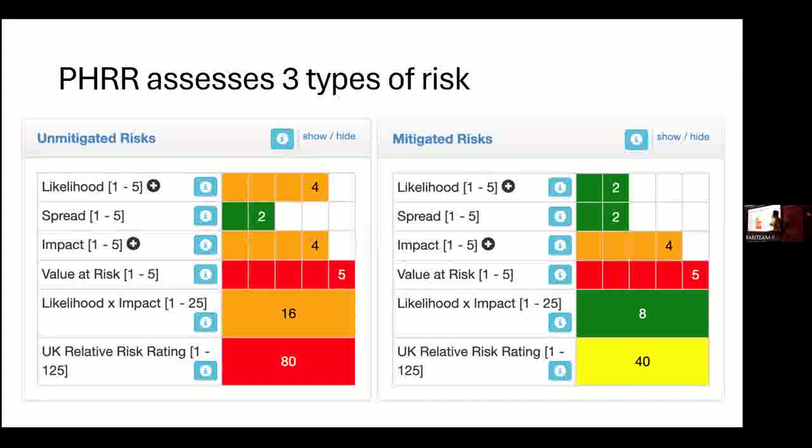So you'll notice that under an unmitigated scenario, the likelihood of arrival and establishment is 4, but if we're looking for the thing, then we might be able to take it down to a relative rating of 2. Okay, good. So that's how it works. So we've got all this data. It's great.